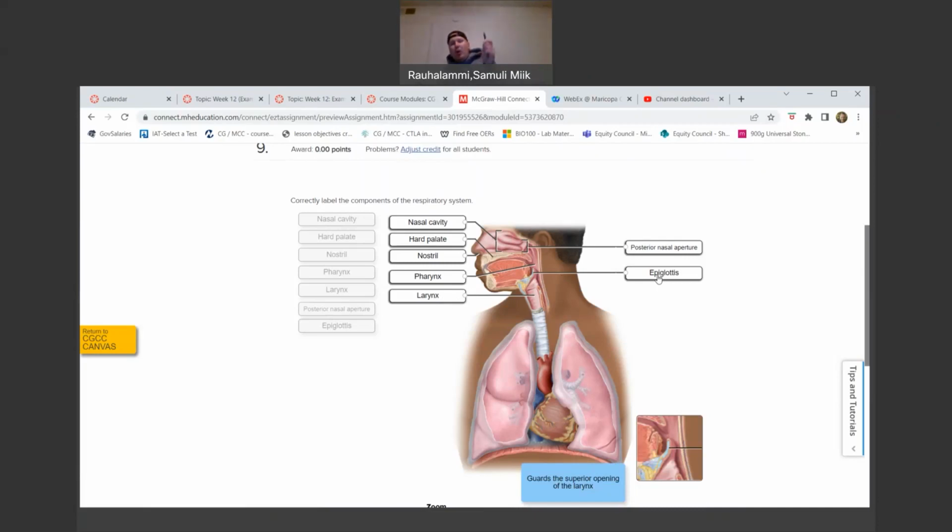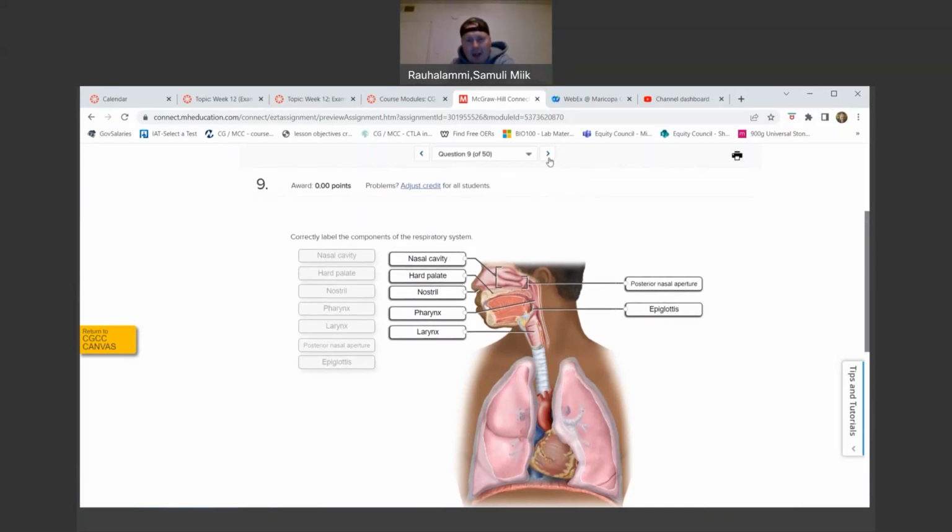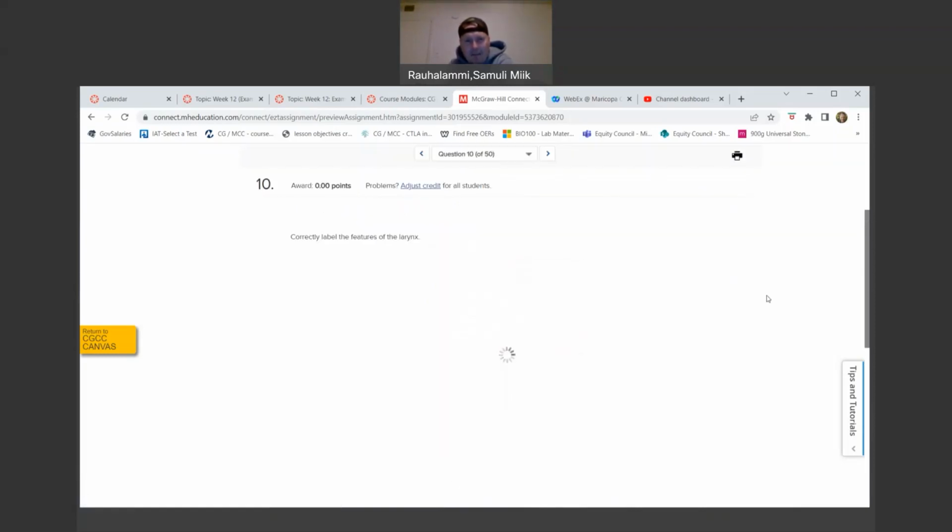You remember that was open upright to keep the airway open at all other times except when you drink or eat liquidy foods, and it comes down, sealing off the trachea, directing that food down to the esophagus that we can see part of here on the back side. I think that's a good review from that diagram. So let's move on and have a look at the next one.